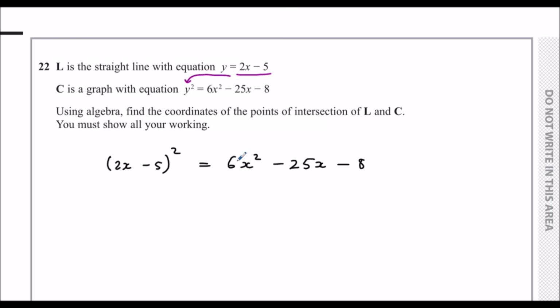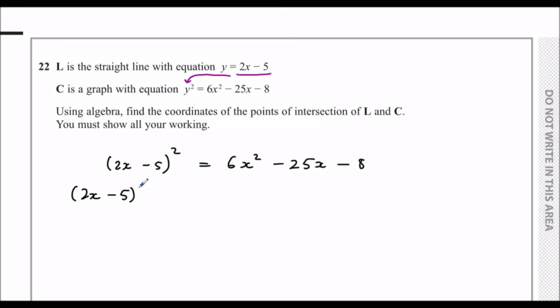So we've just got an equation with x's in, and we need to solve it. It's going to be a quadratic, and we're going to solve it to find the possible x coordinates, and then we'll substitute them back into the straight line equation and find the y coordinates as well. So let's expand these brackets first.